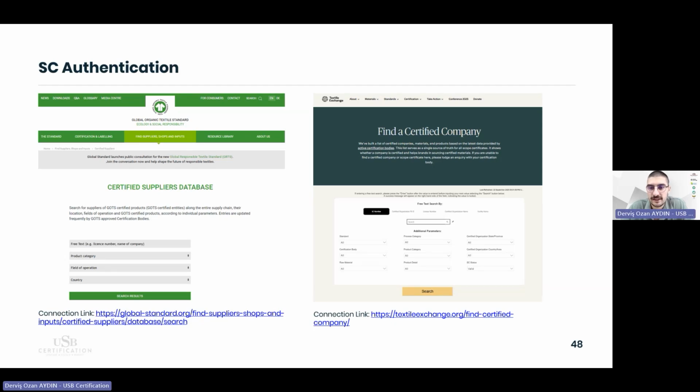And also for Textile Exchange, to find a certified company, you can directly go to the link below and authenticate these scope certificates. These databases are public databases, so everyone can go to those databases and verify the scope certificates.